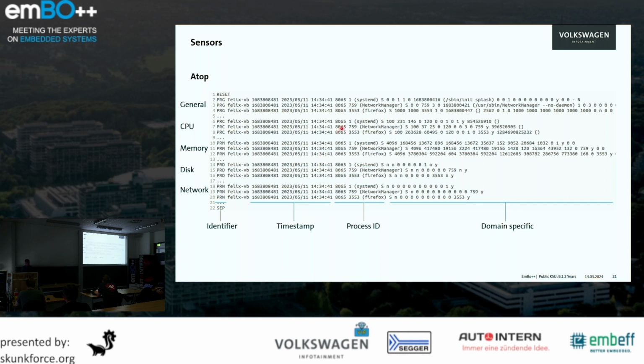For each process you get 5 lines, one each in every category. And for all processes currently running, you get these 5 lines, which is quite a lot of information directly. And next to the process ID, you have this domain-specific info, like I just showed, percent of memory use, CPU use, and network use. So this is what ATOP then produces as a sensor.